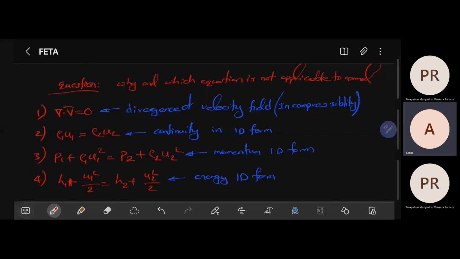The pressure decreases very sharply. So in that case, energy equation is correct. Divergence of velocity, incompressible, is also correct. So I think it is the continuity equation.